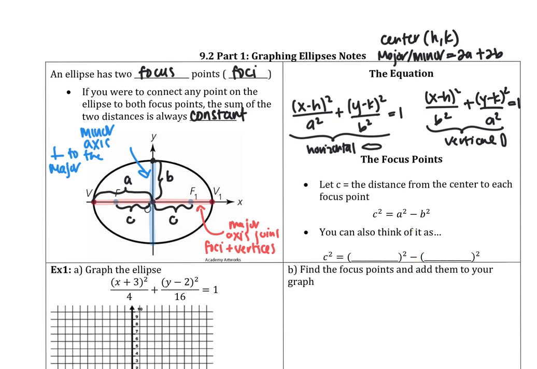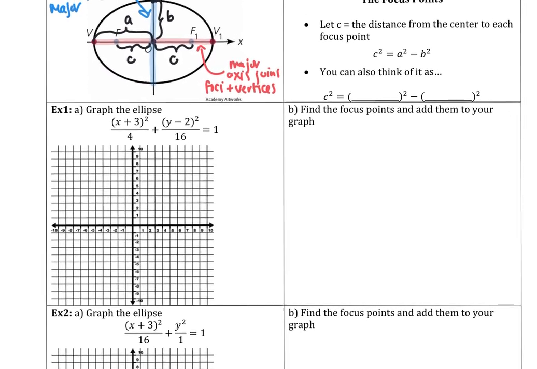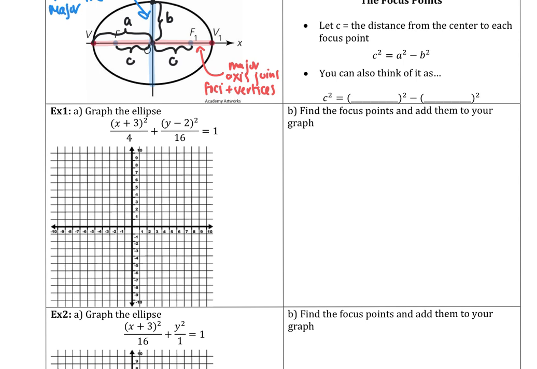Let's look at our first example down here. It says graph the ellipse. Okay, so I noticed that I have a larger number underneath the y value here. That indicates that a squared is underneath y, and therefore this is going to be a vertical ellipse. So my center is at (-3, 2).